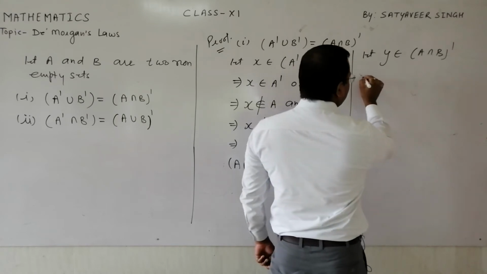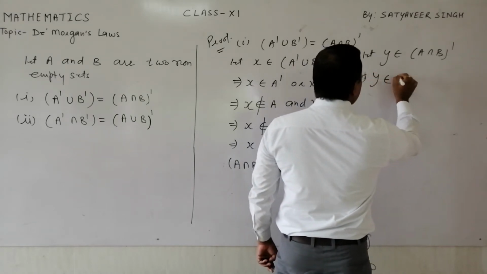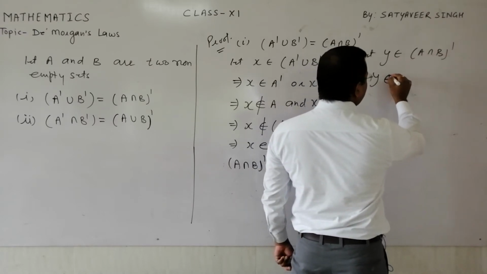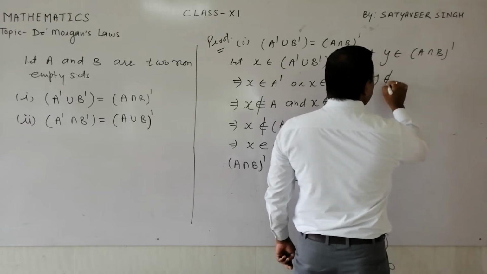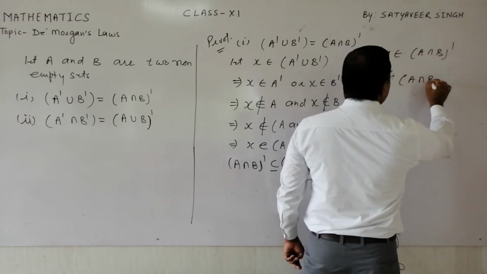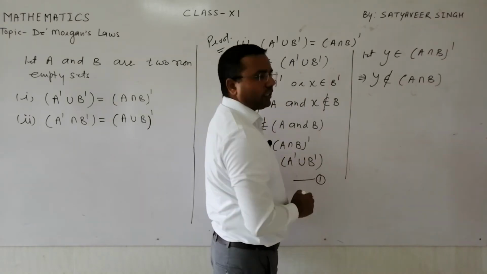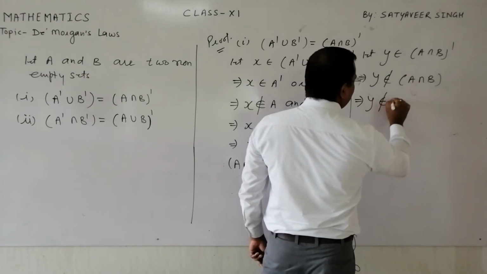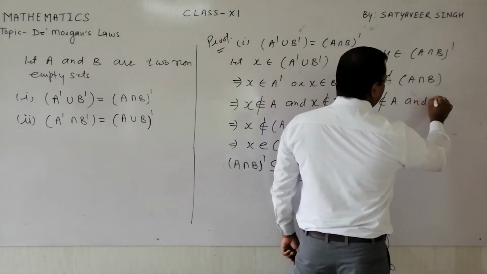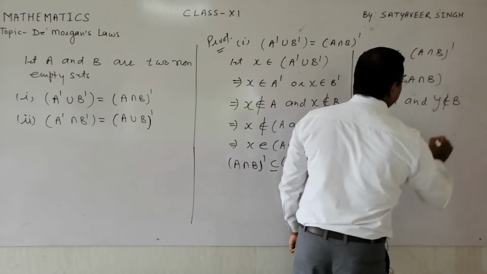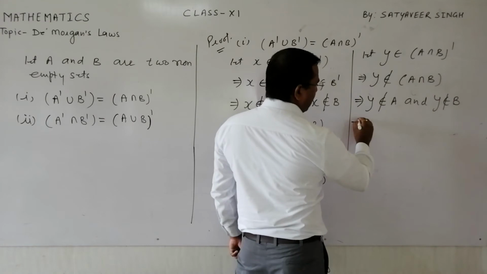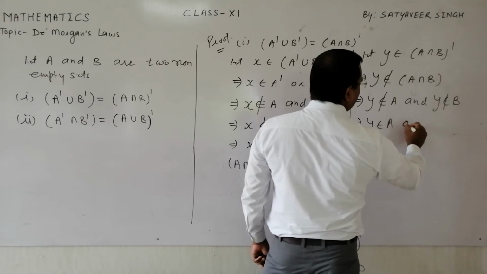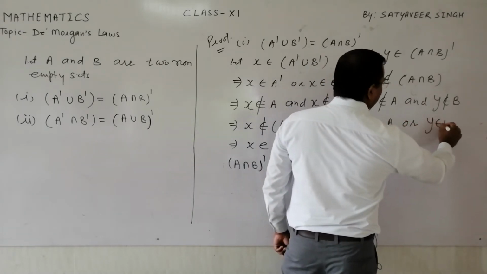If y belongs to this, which implies y belongs to A intersection B complement, it means we can say y does not belong to A intersection B. If it belongs to complement, it means it does not belong to A intersection B. So we can say y does not belong to A and y does not belong to B. Then similarly by this statement we can write y belongs to A or y belongs to B.